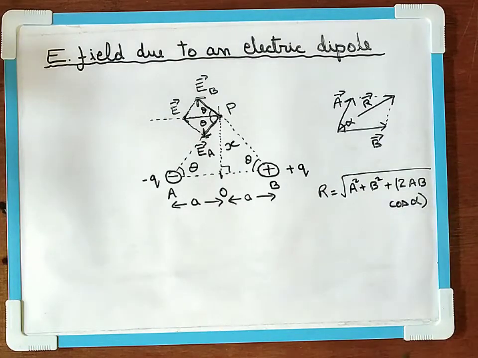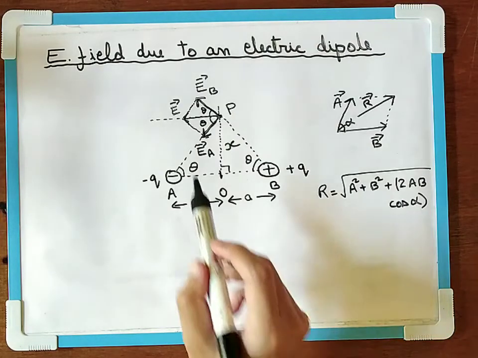So this is the magnitude of the resultant R, root over A square plus B square plus 2AB cos alpha.